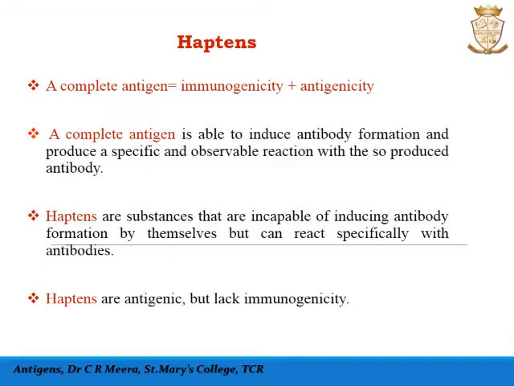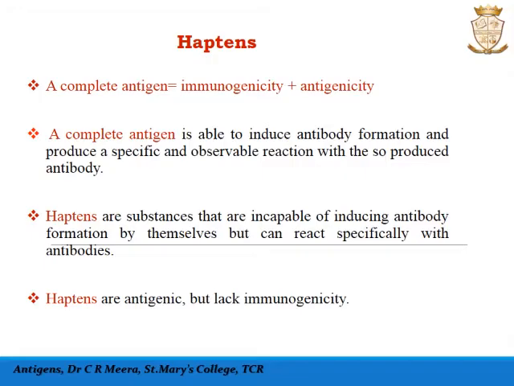Usually, complete antigens are large complex molecules that can induce an immune response by themselves. Haptens are low molecular weight substances. They are unable to induce immune response by themselves.